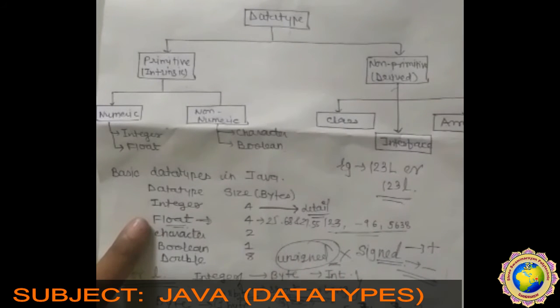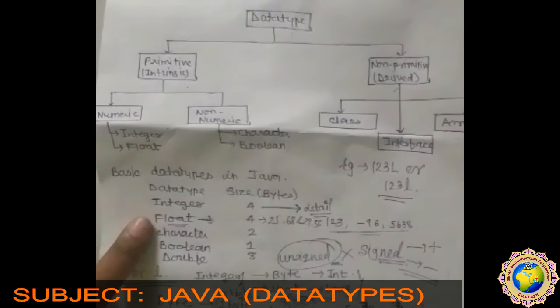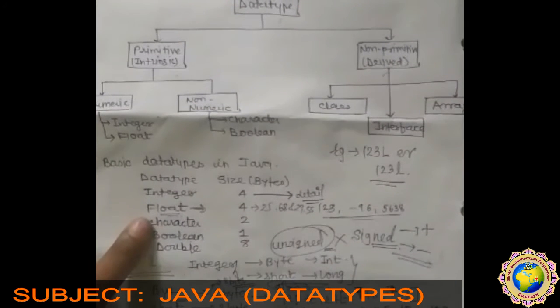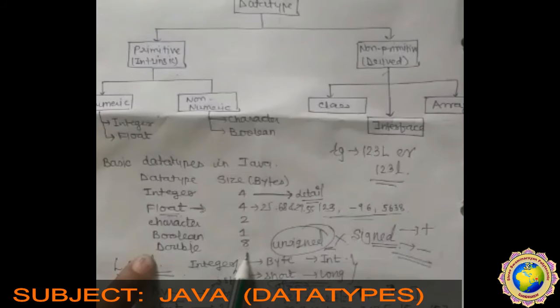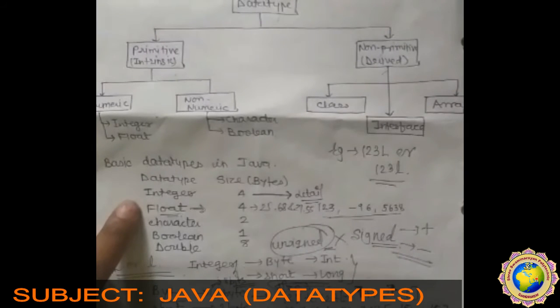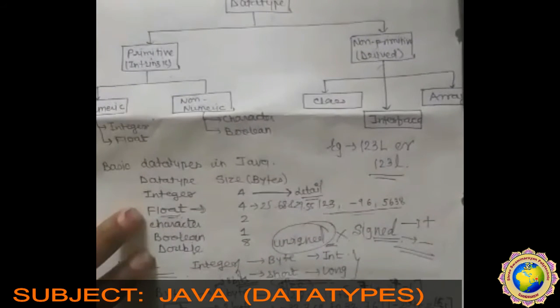Float type values are single precision numbers, while double type represents double precision numbers. Float contains 4 bytes and double contains 8 bytes. So these are the two types of floating point, float and double.